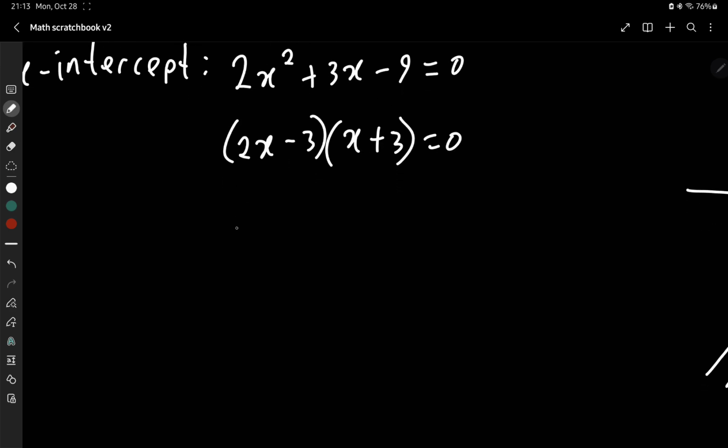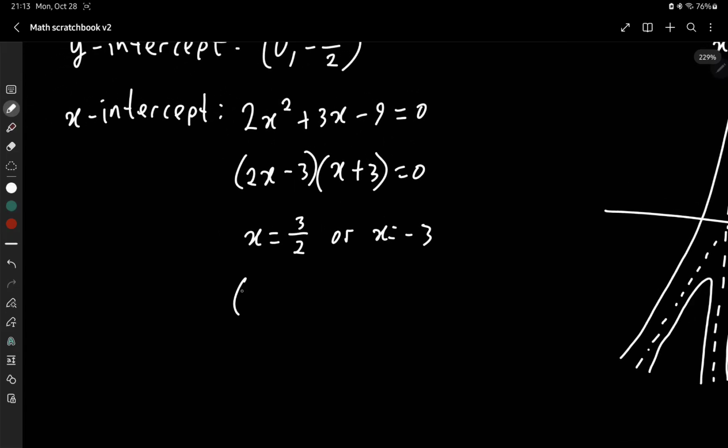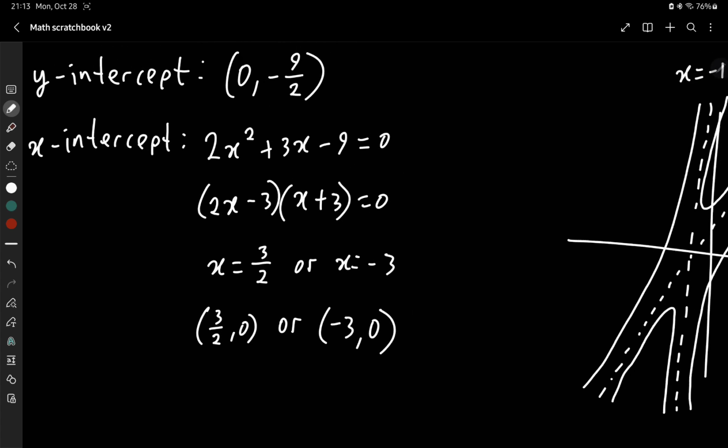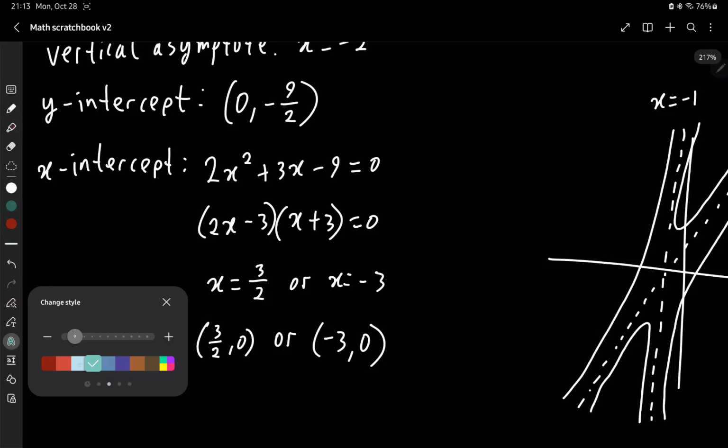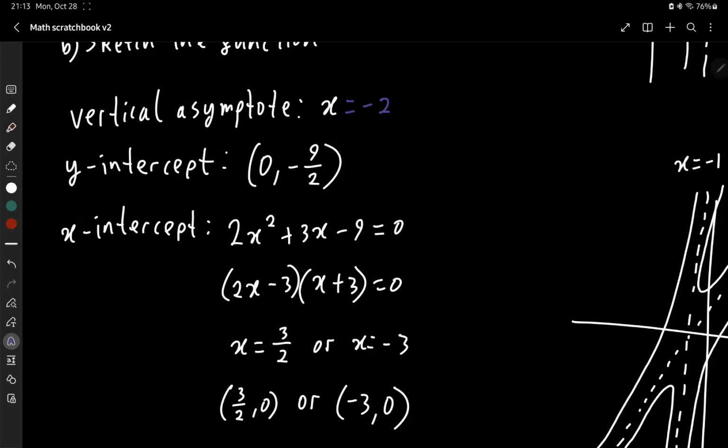And then from that, we can deduce x is 3/2, or x equals -3. And so our x-intercepts are (3/2, 0) and (-3, 0). I'll just highlight these in purple so we know what we know about the graph so far.